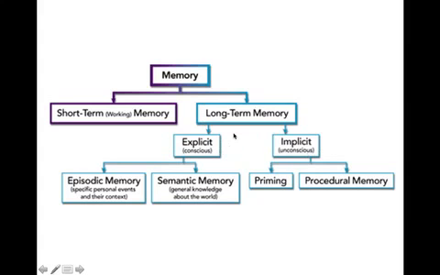A lot of studies are done with word lists, which is explicit. But implicit can also take place, unconscious kinds of memory, things like priming and procedural memory, which is the ability to know how to do something physically. Priming is a short-lived response where some stimulus you just saw a moment ago can direct your behavior soon thereafter. And explicit memory can be further divided into episodic memory and semantic memory, and we're going to go through these.